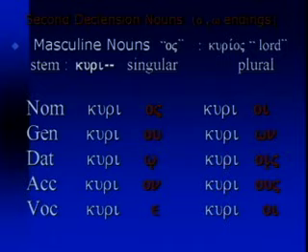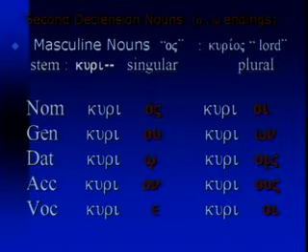In the genitive, functioning as a modifier, in the singular kuriou, in the plural kurion. In the dative, functioning as the indirect object, kurio, and in the plural kuriois. The accusative, your direct object, would be kurion in the singular, kurius in the plural.